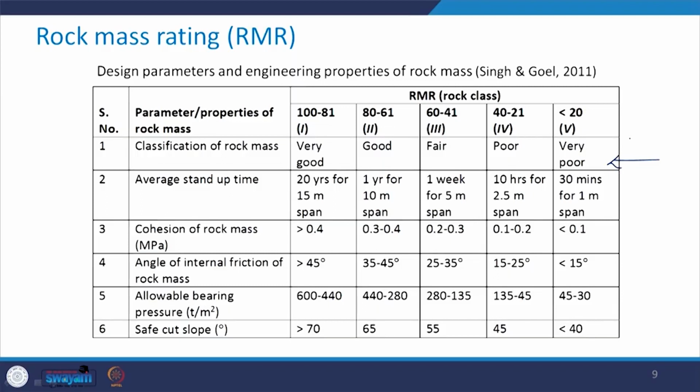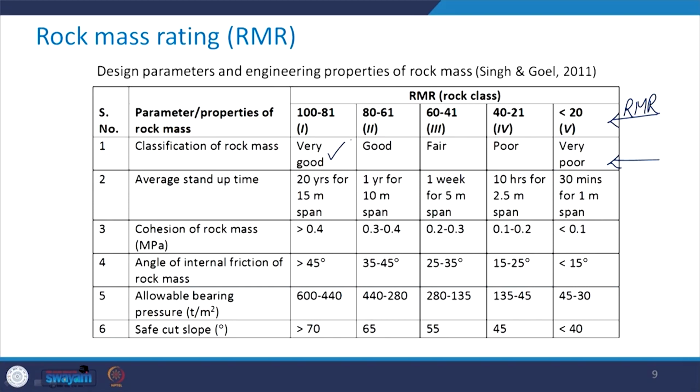Have a look at this column and this column. The first one gives you the value of RMR and the second one gives you the corresponding classification of the rock mass. If the value of RMR works out to be between 81 to 100, this falls under the category of very good, so we can say that the rock mass is of very good quality.